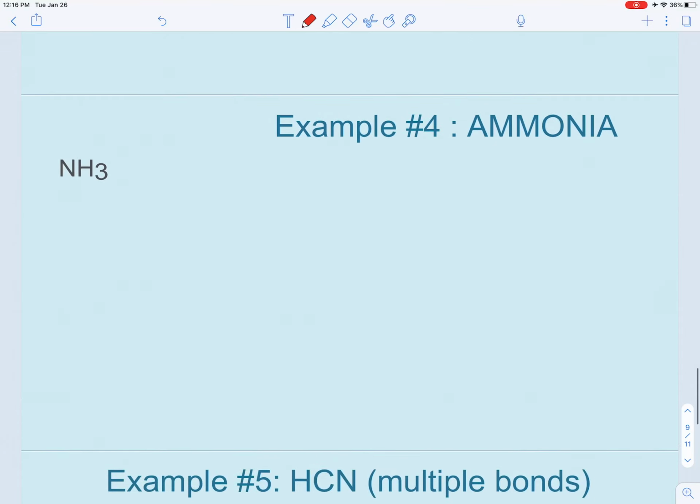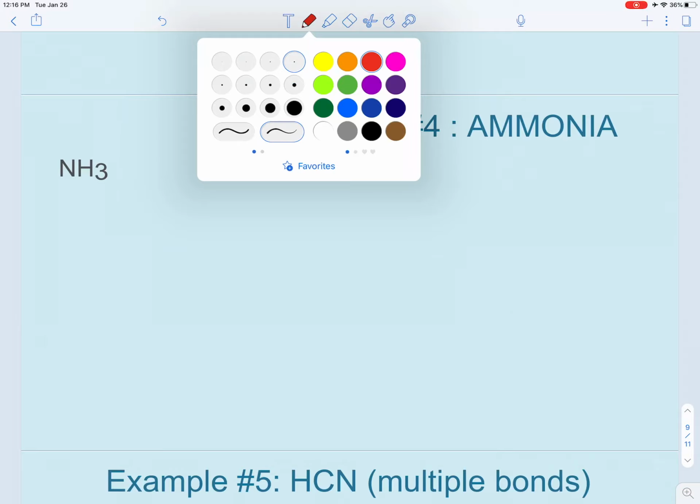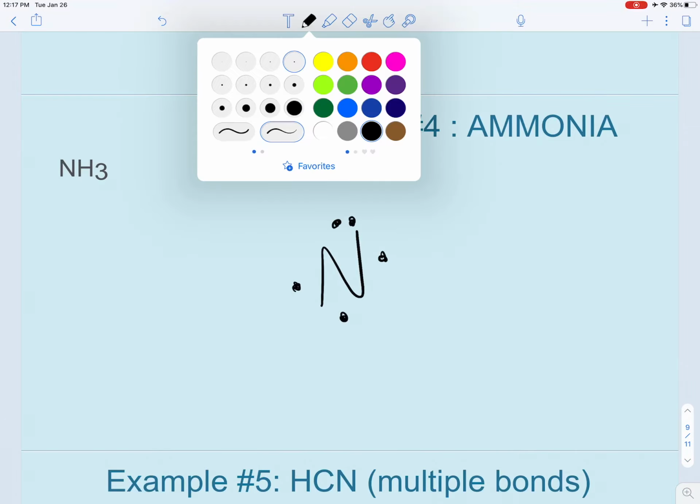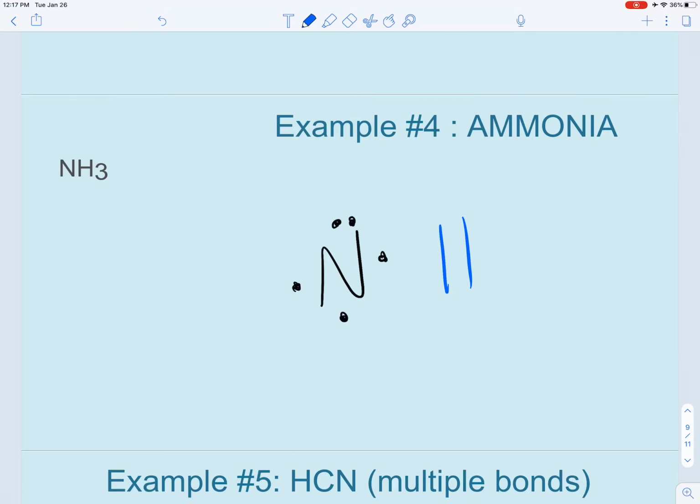Let's do another example, ammonia. So we'll start with nitrogen in the center. It's got 1, 2, 3, 4, 5 valence electrons. And then I know that each hydrogen has 1, so I'm just going to put each hydrogen around my nitrogen here, 1, 2, 3.